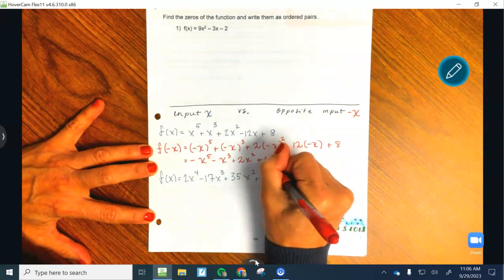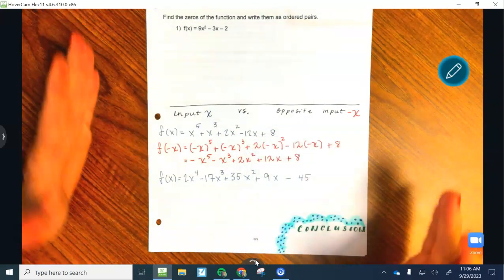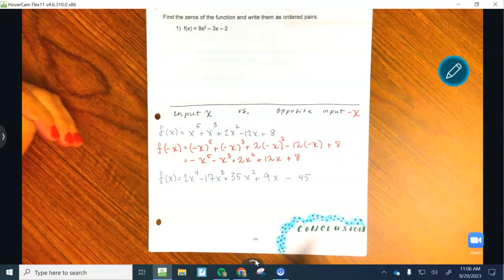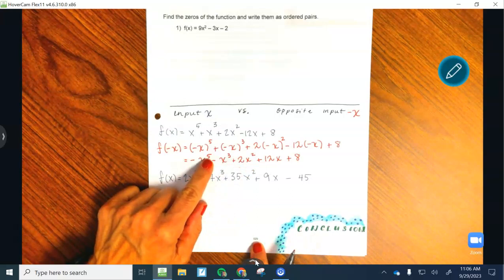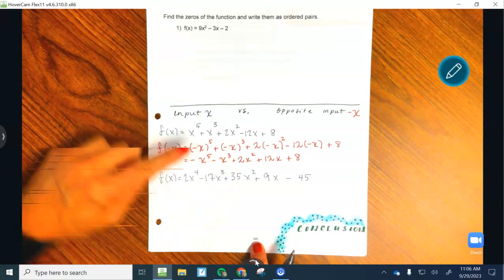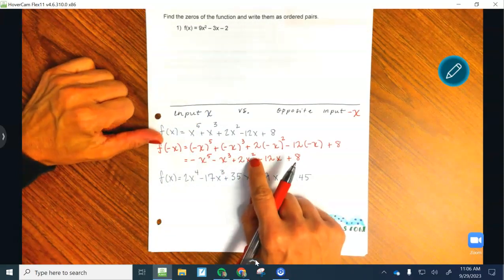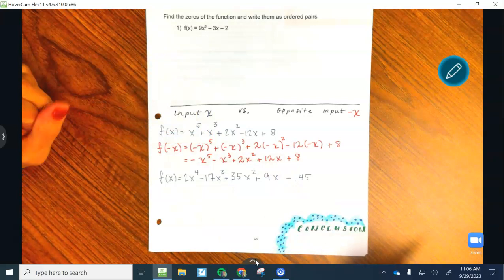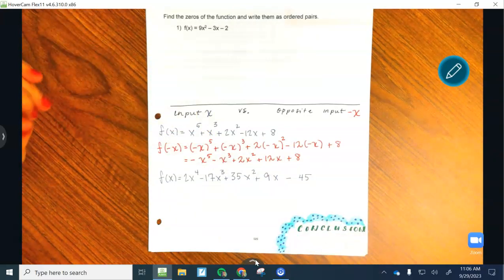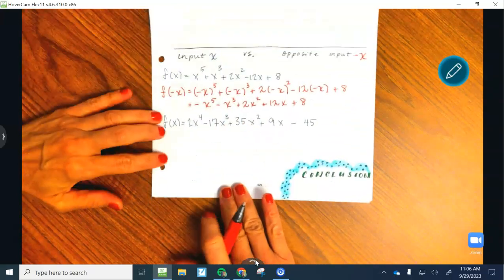So this is going to turn into a positive 12x plus 8. So when the input is the opposite, what is very important for you to understand is that anything to an odd number is going to change the sign. Anything to an even number is going to stay the same because it is going to turn out to be a positive answer.